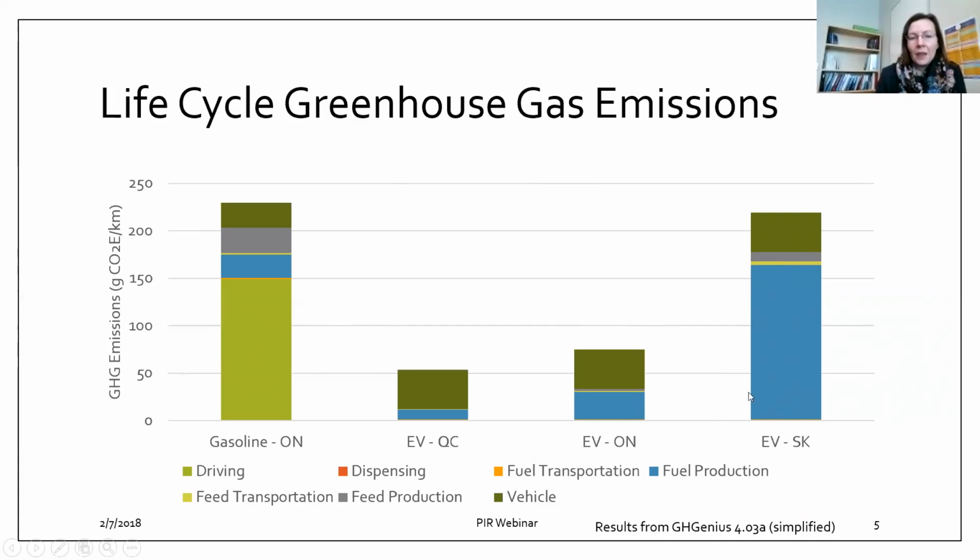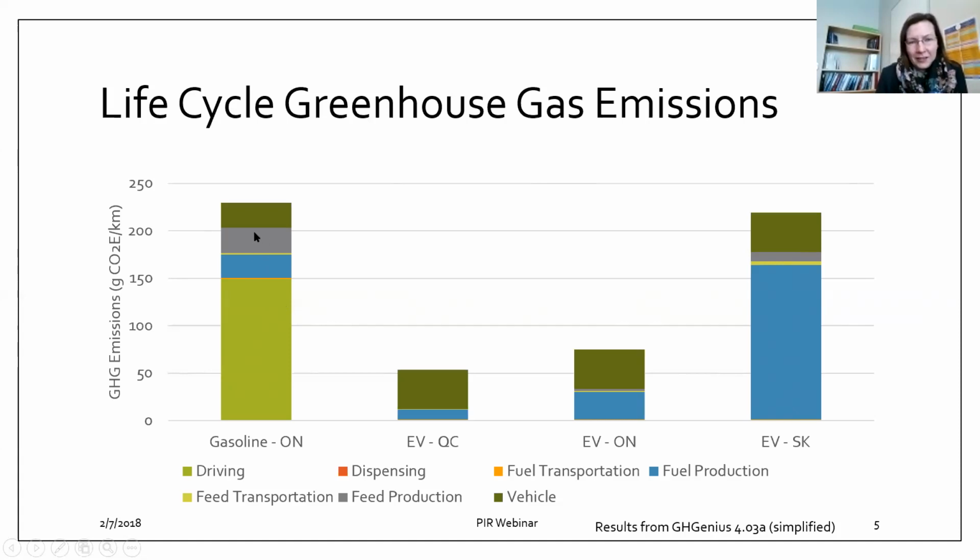So with our gasoline vehicle, the most typical type, most of our emissions come from actually driving the car. Actually burning the fuel in our car, that's where most of our emissions come from. But then you can also see this blue part is the fuel production, so actually making the gasoline.